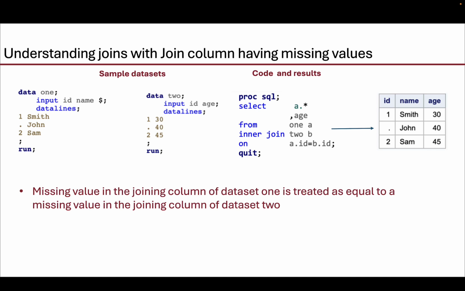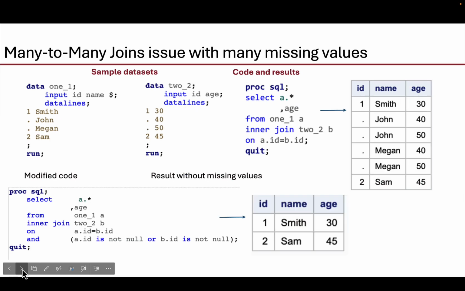Now that we have understood what happens if we have a missing value in the joining column in PROC SQL, let us see what the problems with this are. Now let us look into different data sets wherein again we have the same variables ID and name, and this data set is 1_1 and data set 2 is now known as 2_2. The difference between the earlier data sets and these is that we have multiple missing values.